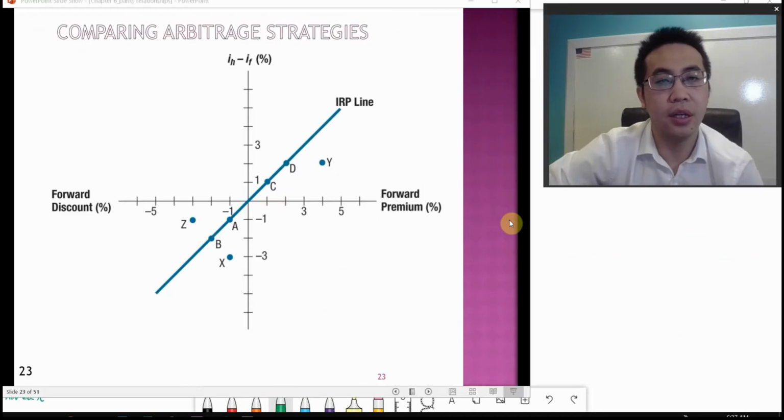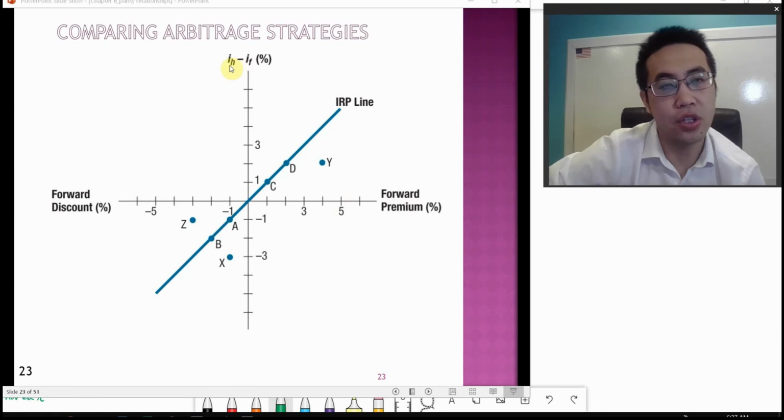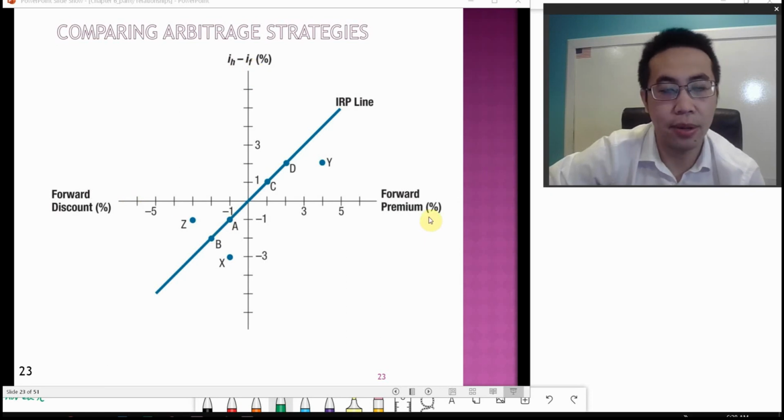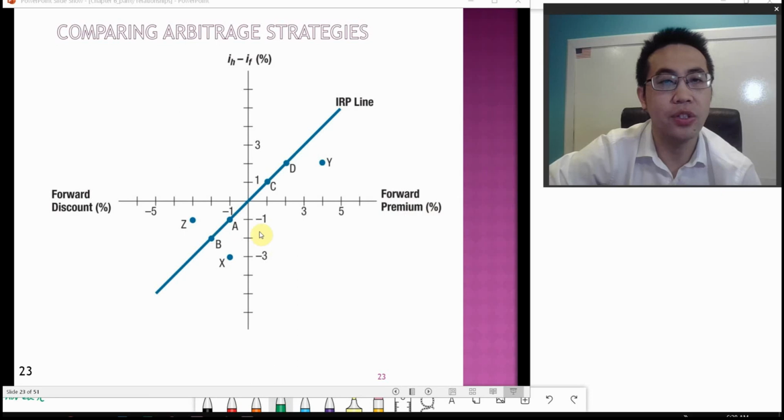All right, and here let's talk about the interest rate parity line. In this chart, we have the interest differential between the home and foreign country as the vertical axis. The horizontal axis is the forward premium. You will see this 45-degree line as the interest rate parity line. That's where the interest differential equals the forward premium.